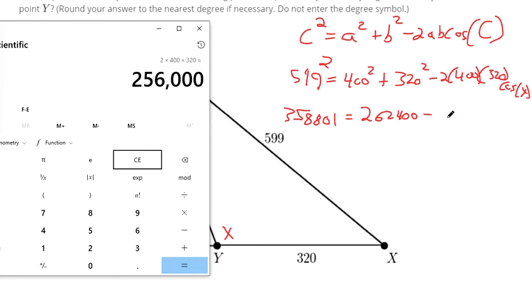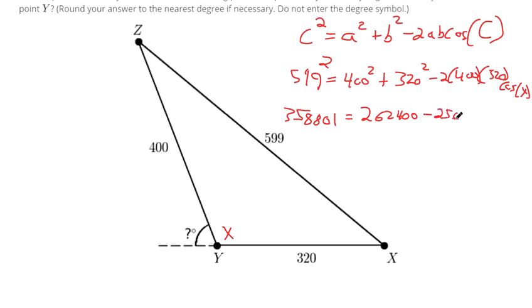So minus 256,000. Okay, so we can't subtract these two numbers because this one we have to multiply first. What we can do is we can subtract 262,400 from both sides.